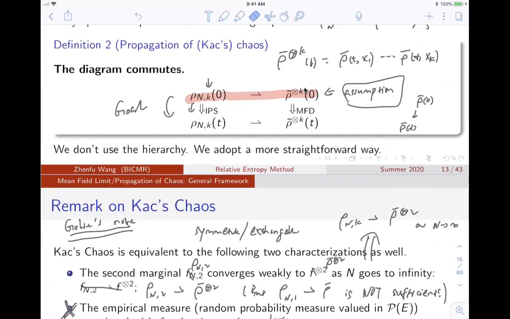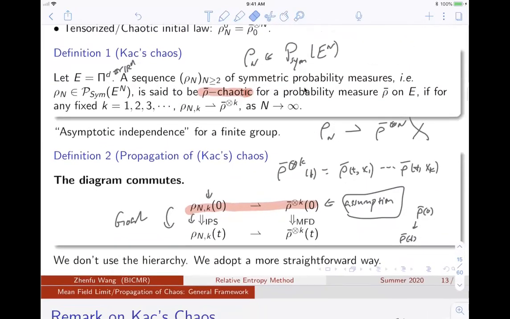This is Keck-Scales, which only gives a weak convergence. Here the k marginal converges to the limit weakly. Weak convergence means that if I give you a test function which is continuous and smooth, you test it against rho n k, and it will converge to the expectation.